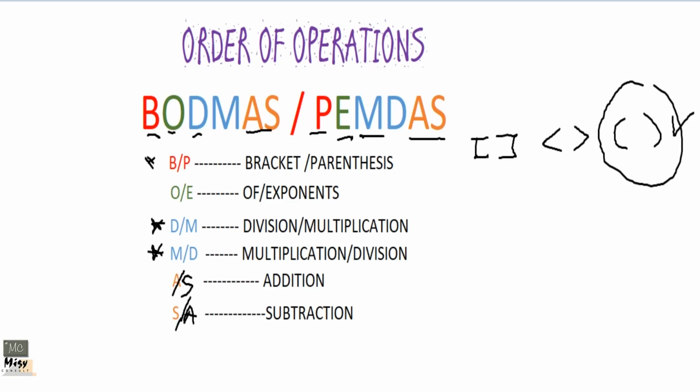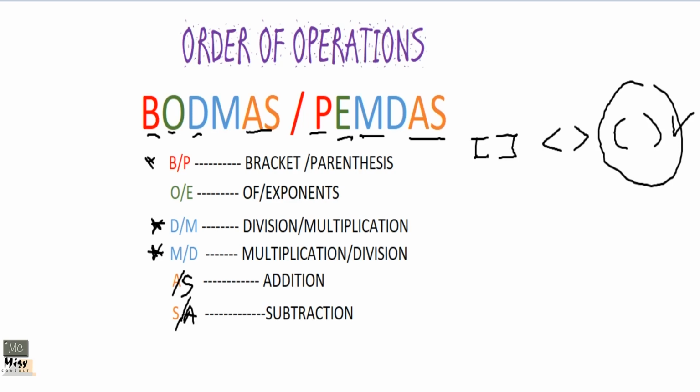Addition and subtraction, whichever comes first, you deal with it before you move to the next one, from left to right. That is when you've already taken care of everything in parentheses, taken care of all the exponents, and simplified them. Then you do division and multiplication, whichever comes first, in that order.